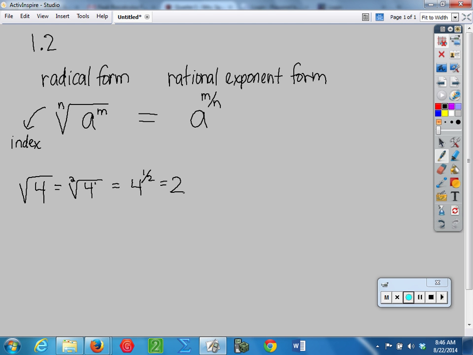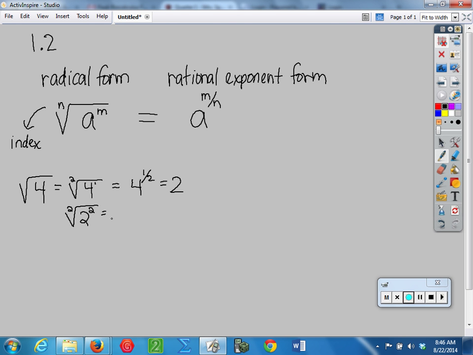One thing I never thought of till now: if this is a power, what if I change that? What is 4 a power of? Like 4 is the same as 2 squared. So what happens when I change this to rational exponent form?